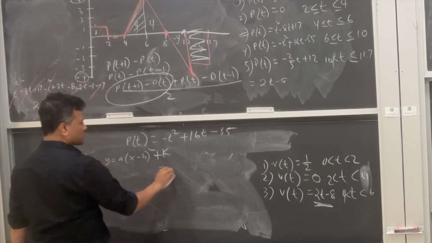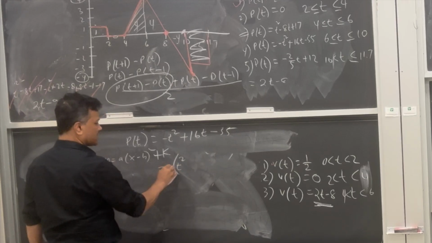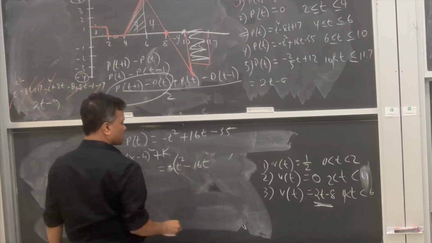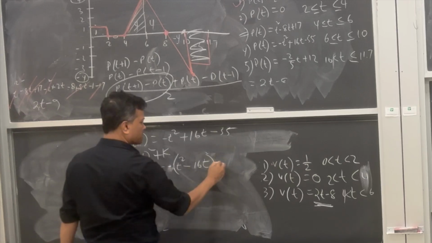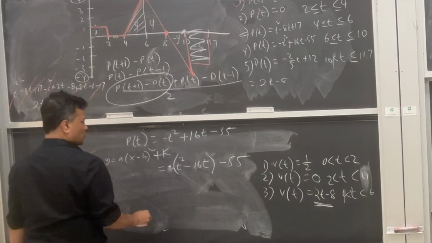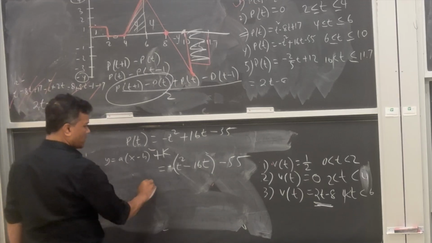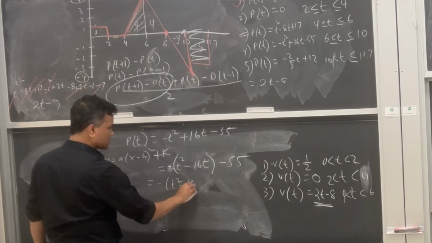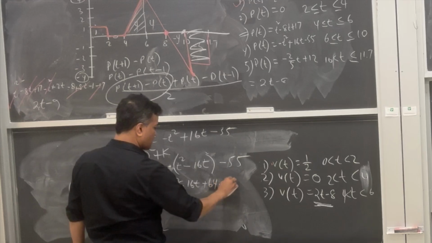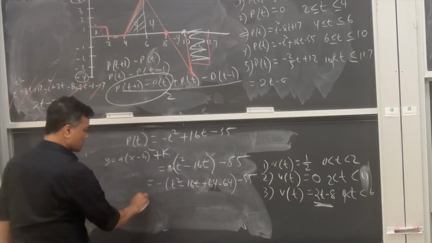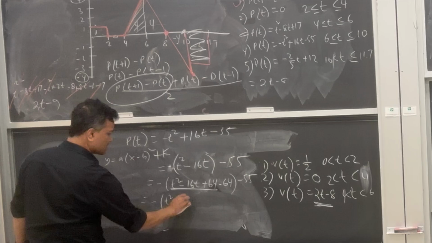We rewrite this equation as negative outside, t squared minus 16t, and then minus 55 outside. Now 16 divided by 2 is 8, so this is 64. So we have negative t squared minus 16t, and then we write plus 64 minus 64 minus 55.